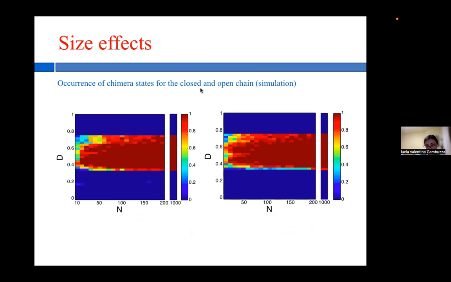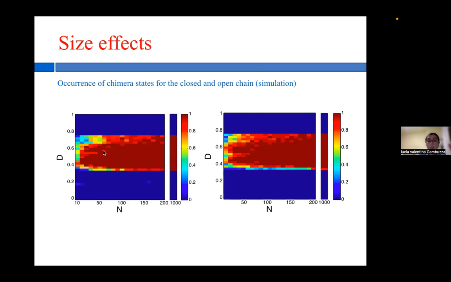the closed chain. So each unit is connected with one neighbor on the left and one neighbor on the right, and we have also considered the case of a closed ring and the case of an open chain, in order to see the effect of the condition at the boundary, so the condition of the first and the final unit of our chain.